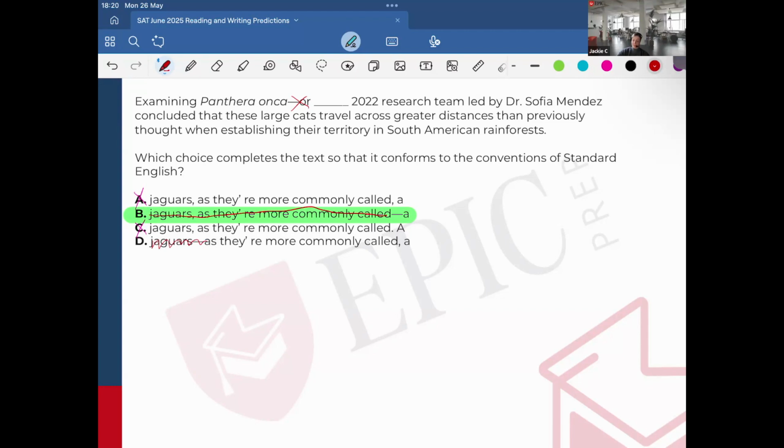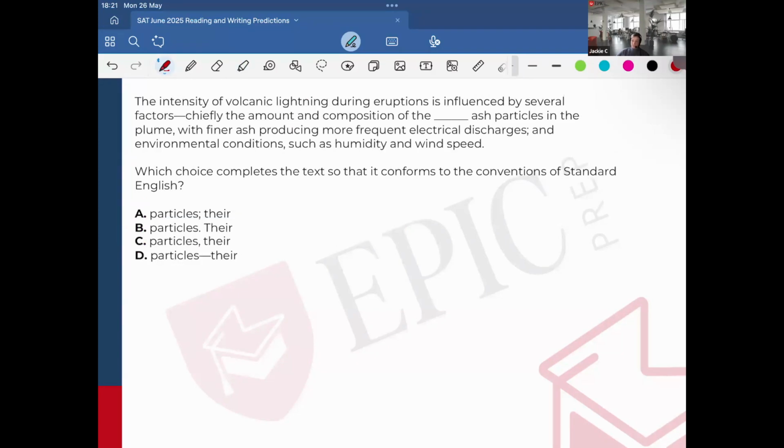If I just did here, the only thing that gets eliminated in option D would be this. So it would read, examining Panthera onca, as they're more commonly called, and that doesn't make sense, right? So for that reason, I know for sure it will be option B. So be confident and comfortable with that.